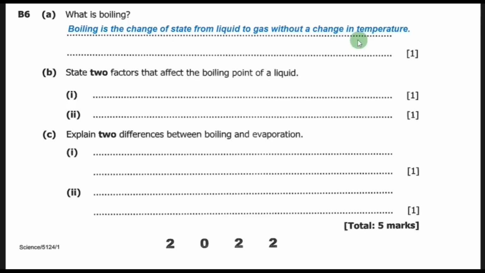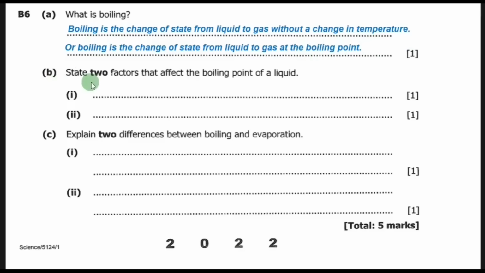For example, if you are boiling water, the boiling point of water is 100. When you reach 100, temperature stops changing until all the water has evaporated into gas. So that's what we mean by this statement. Or if you are not comfortable with this definition, you can use this one: boiling is the change of state from liquid to gas at the boiling point or constant temperature.